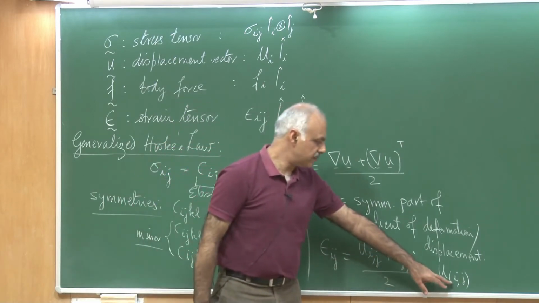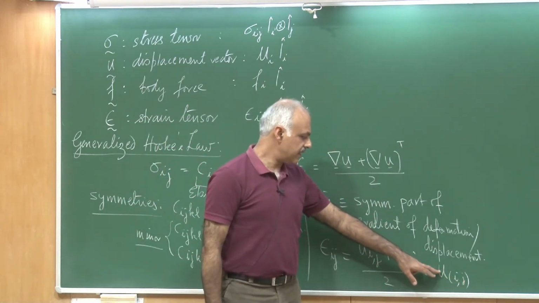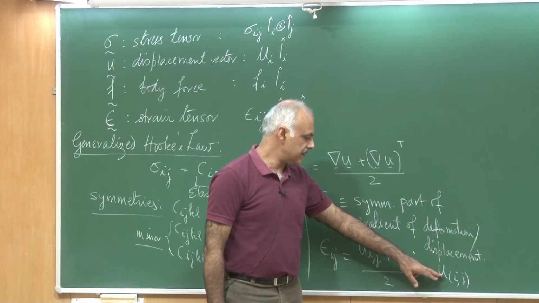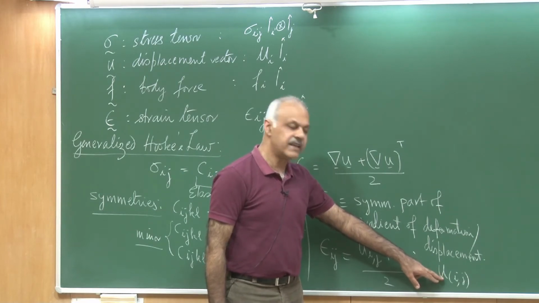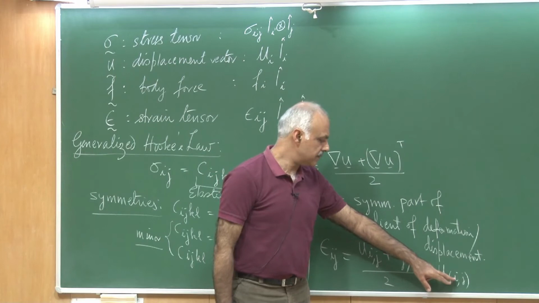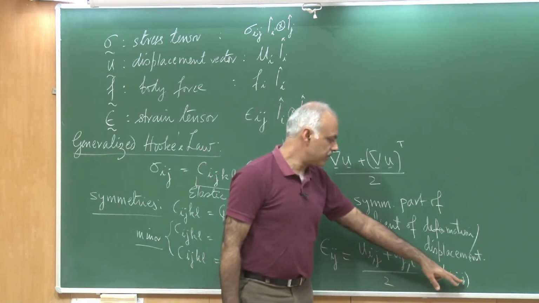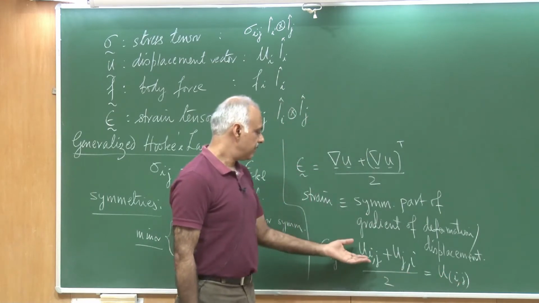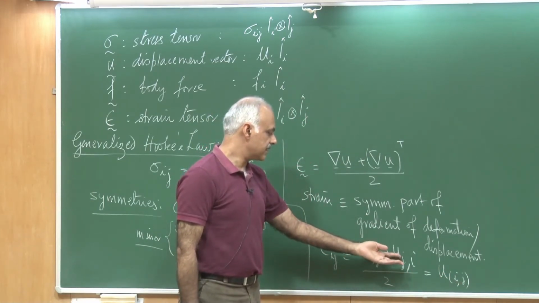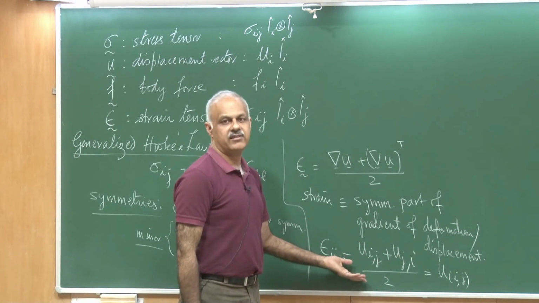So, when I put these parentheses, it means that there is a tensor that I form out of the gradient of u. So, that would be simply u_i,j. So, that is gradient of u, but then I am going to take only the symmetric part of it, which means I add to it the transpose and then take the average.